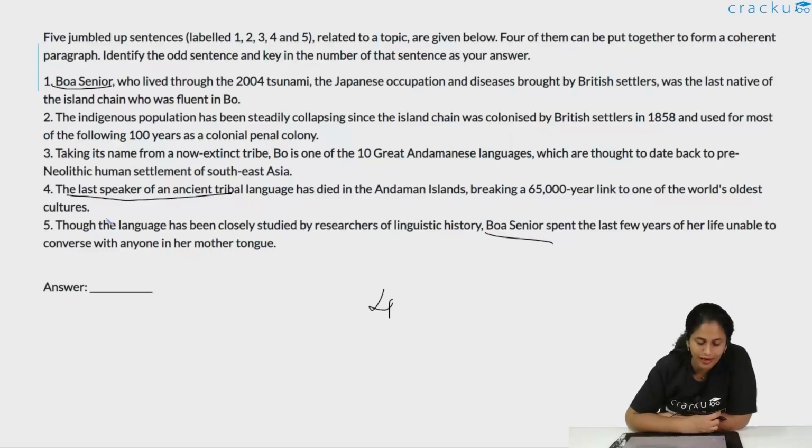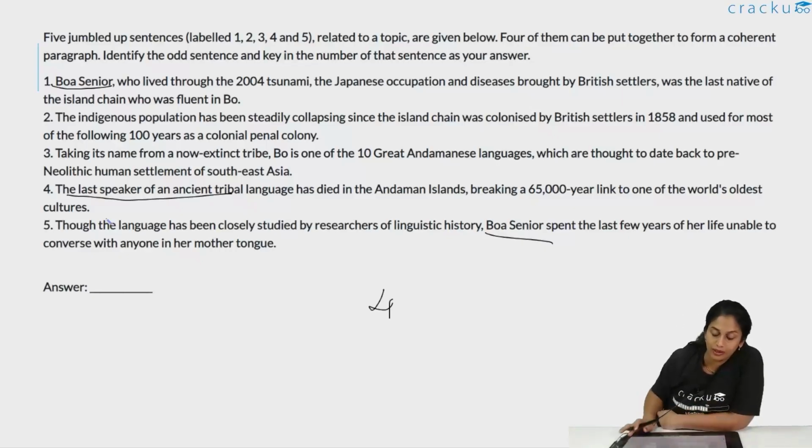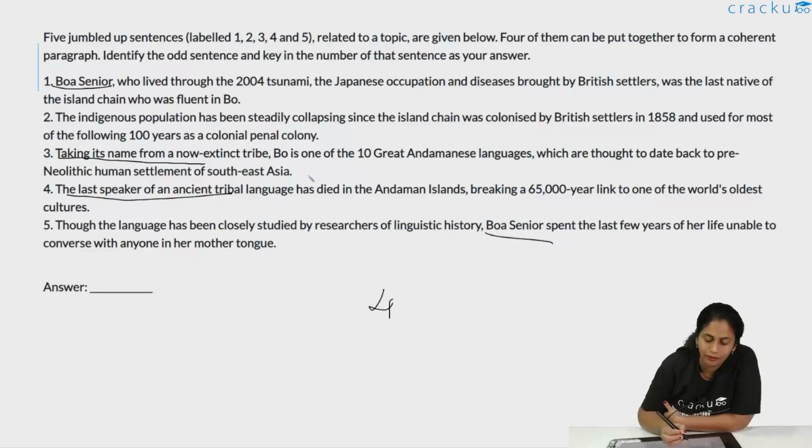If you take a look at sentence 2, it talks about how the population has been collapsing. 3 talks about taking its name from the now extinct tribe, Bo is one of the great languages. So when I say this, I have to essentially have introduced Bo at least before, and then I should say that, okay, taking its name from one of the now extinct tribes, Bo is a great Andamanese language.